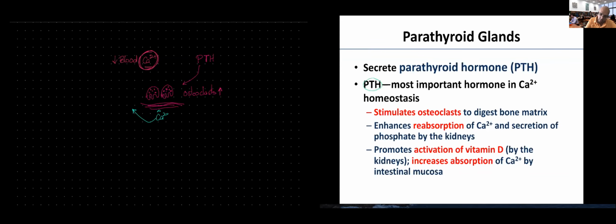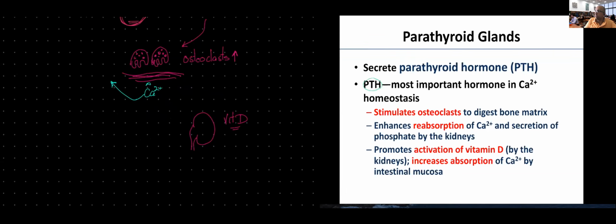Another function of PTH is by acting on the kidney to activate vitamin D. And when I activate vitamin D, vitamin D is essential for normal absorption of the calcium that I'm eating from the small intestine.